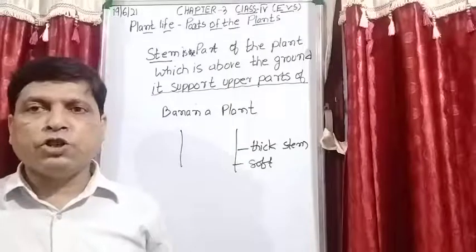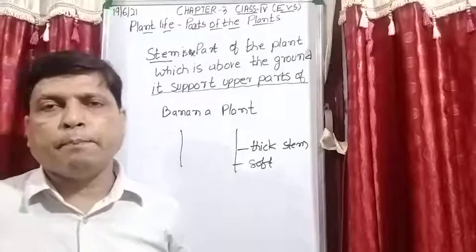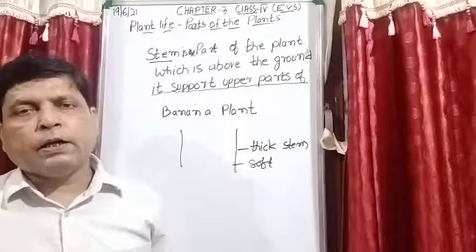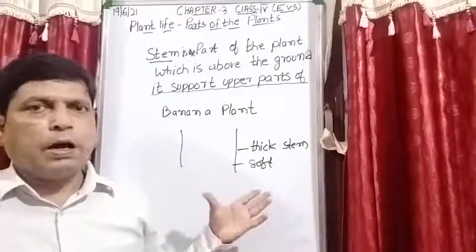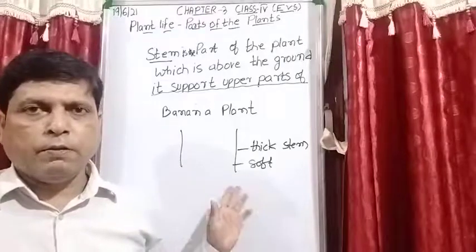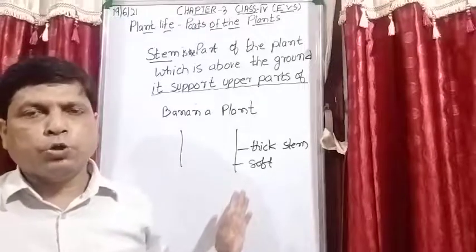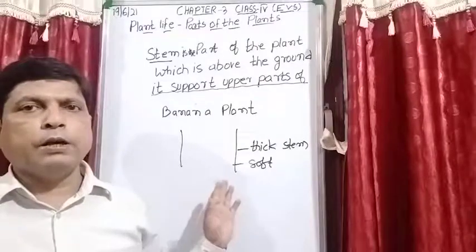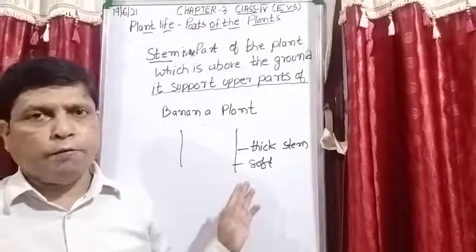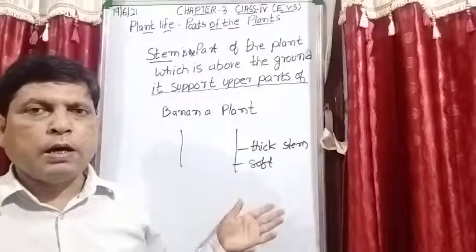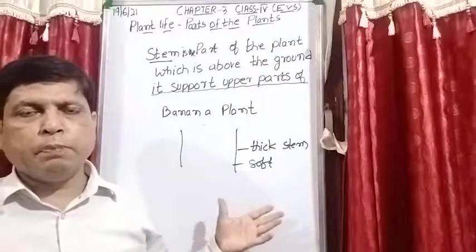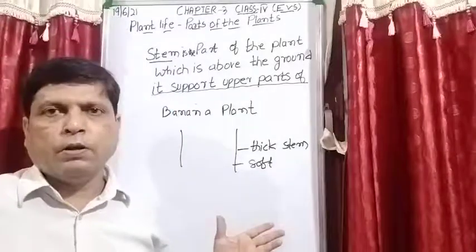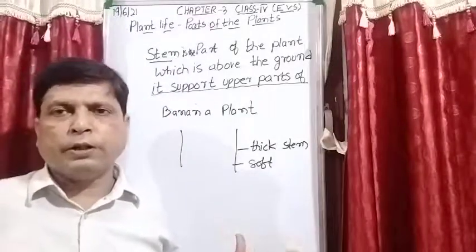Then, in the case of a big tree, we will not say this is a thick woody stem of a neem or peepal tree; in place of stem we will say it is the trunk of a neem tree or peepal tree. Okay, thank you students.